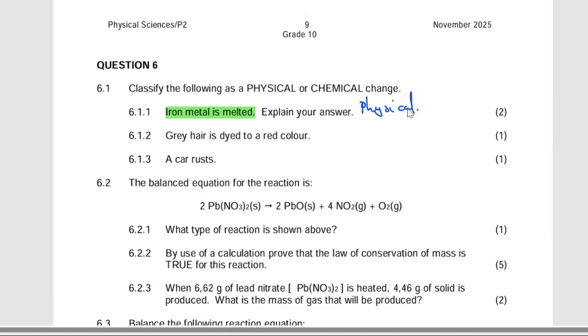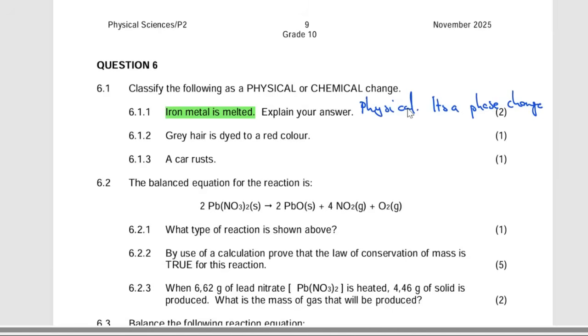So the reason is a phase change. There is a change in phase. The chemical composition of this metal remains the same, which can also be another reason.